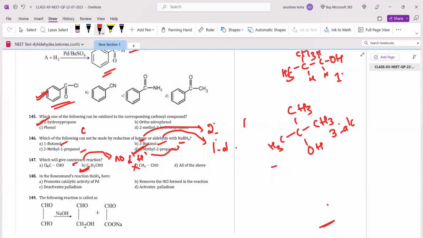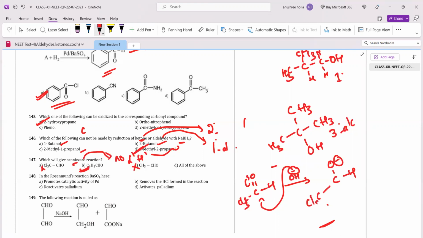So even though we feel that here, as we don't have the alpha hydrogen, it can give Cannizzaro, but no, even it cannot give Cannizzaro because what happens in Cannizzaro reaction, if you observe the mechanism, the very first step is the action of base on this carbonyl carbon. Okay, when this happens, let's say this has formed.